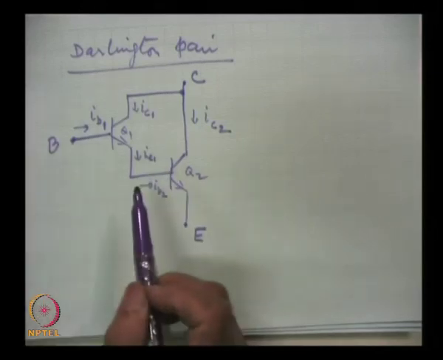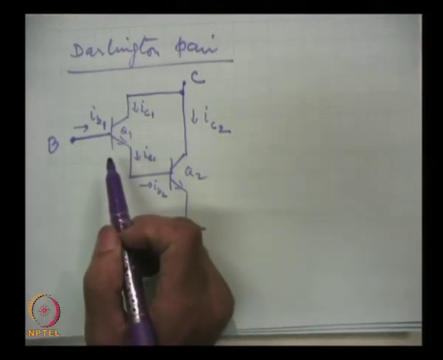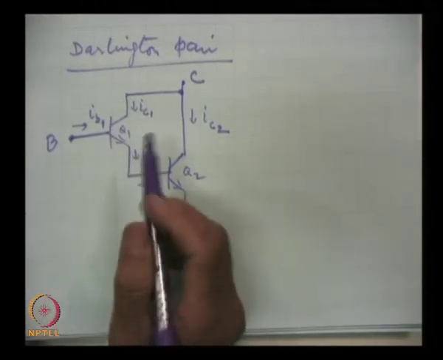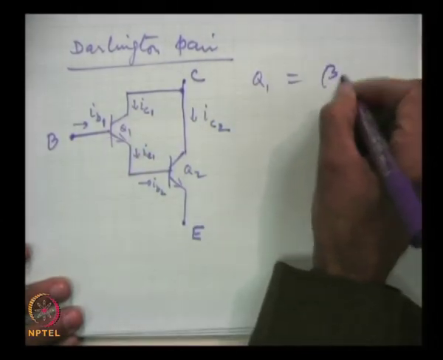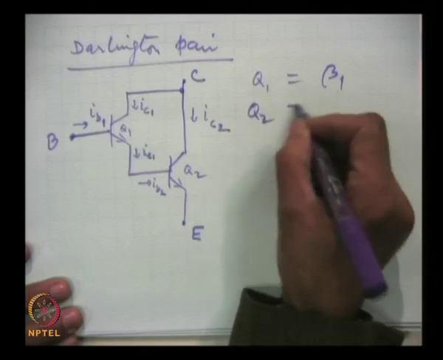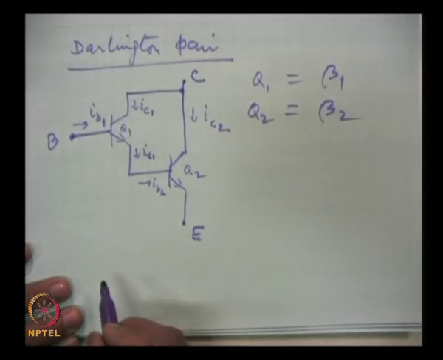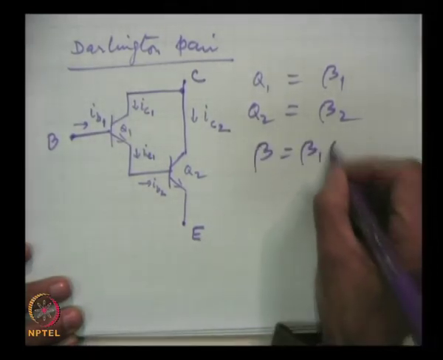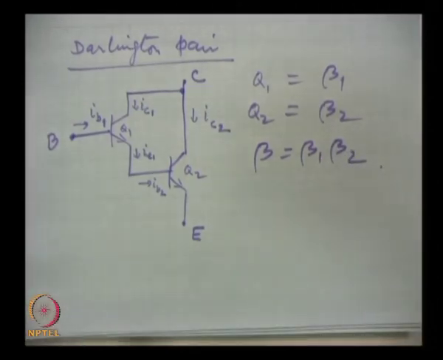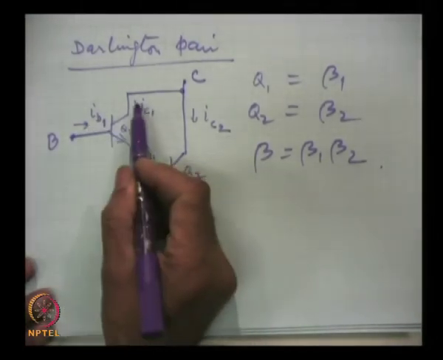And why are we doing this? Voltage gain we have seen. Now, this is the example of current gain: if the current gain for Q1 is beta 1 and current gain for Q2 is beta 2, then for this Darlington pair the current gain beta will be the product of the two. We can very simply see what will be the current if the input current is IB1.